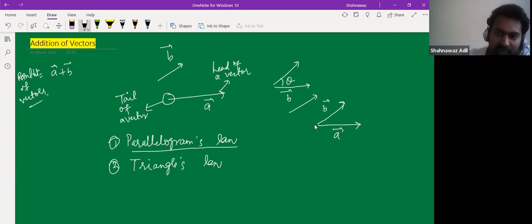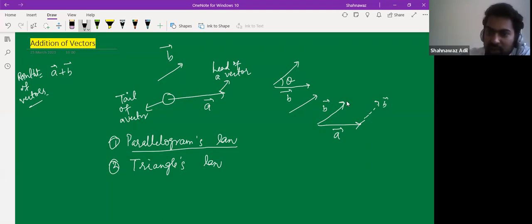Secondly, at the head of the first vector, you draw a parallel vector equivalent to B, with the same magnitude and same direction as B. So you shift B to here.